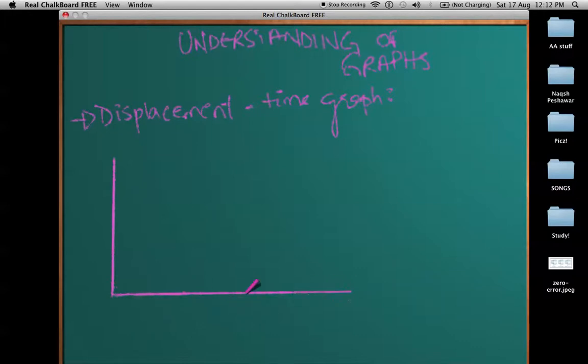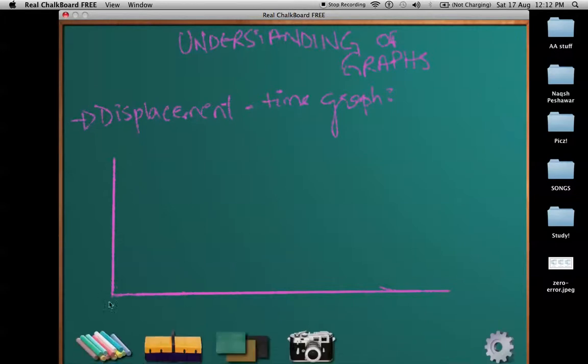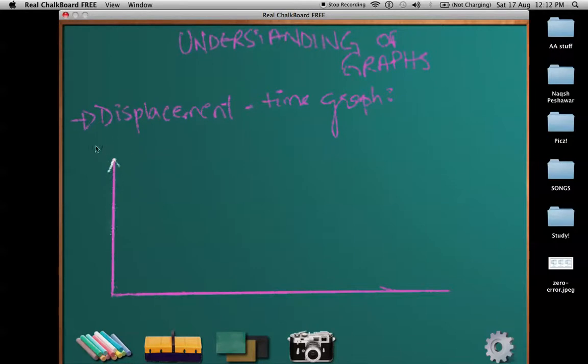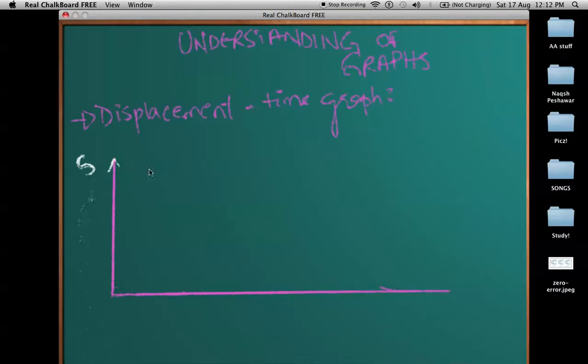Now, for example, this is a displacement time graph. On the y-axis, we've seen we have displacement, which is denoted by s, and on the x-axis we have time in seconds, while this would be in meters, as the SI unit of displacement is meters, and for time it's seconds.